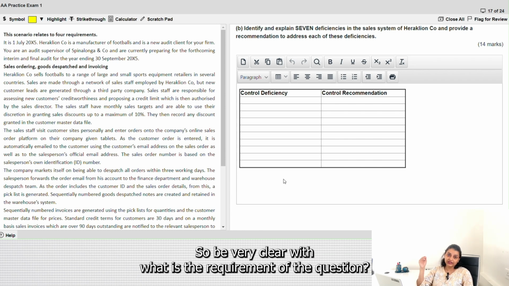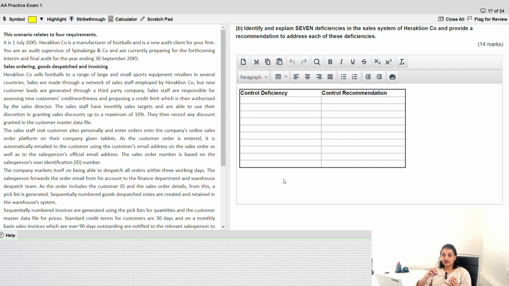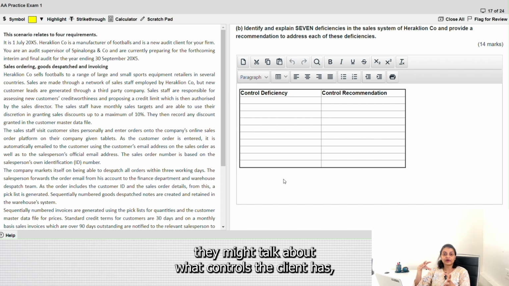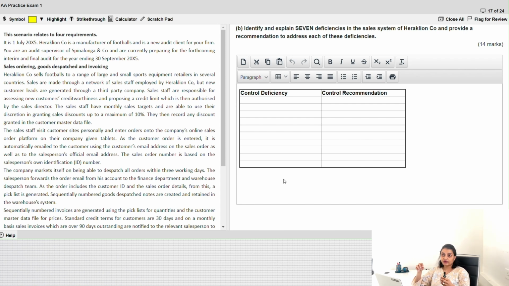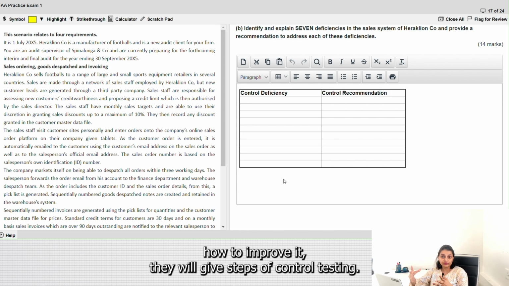So be very clear with what is the requirement of the question, because sometimes students tend to mix up all of these. So in giving your control deficiency, they might talk about what controls the client has. When they talk about control recommendation, instead of recommending how to improve it, they'll give steps of control testing.